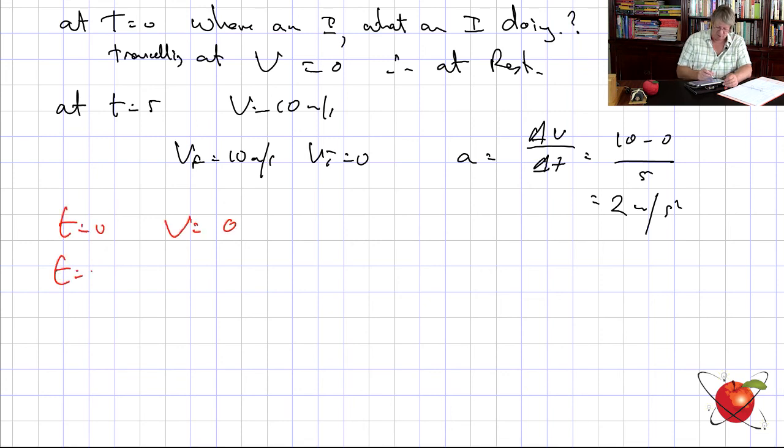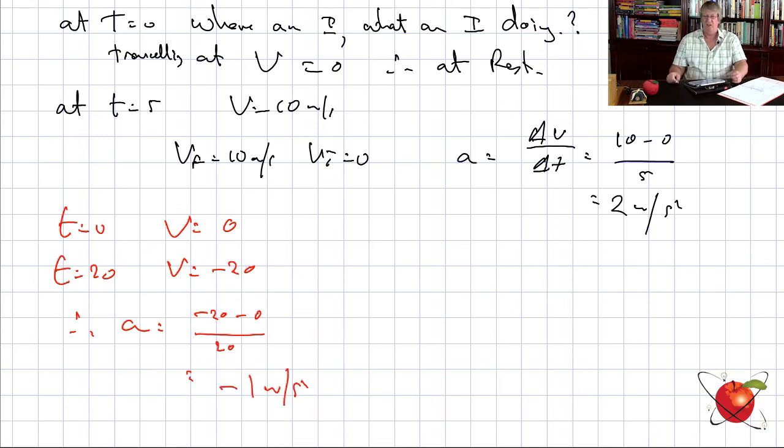At t equals 20, v equals minus 20. Therefore, acceleration is minus 20 minus 0 over 20, which is minus 1 meter per second squared. What does that mean? It means I'm going that way. I accelerated backwards, that's all it means.